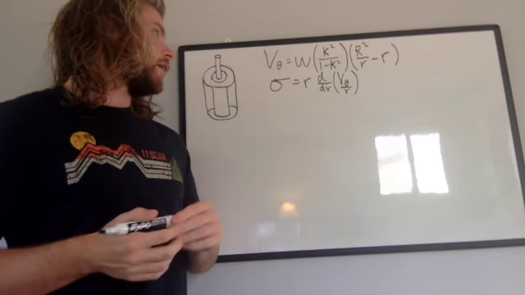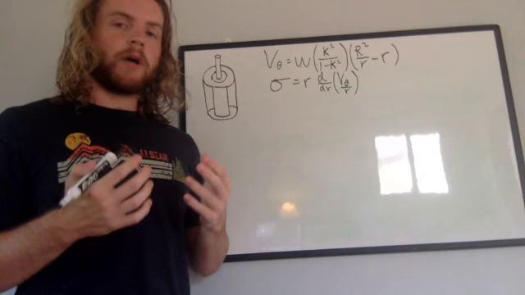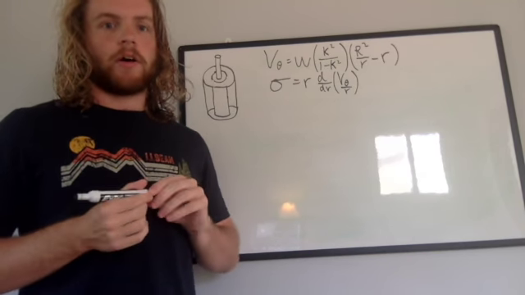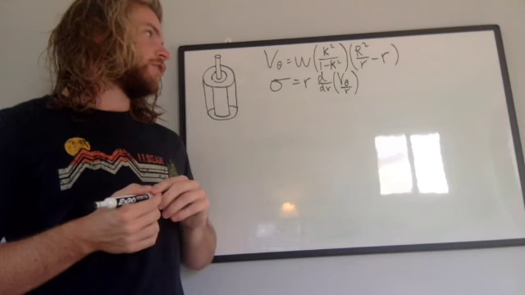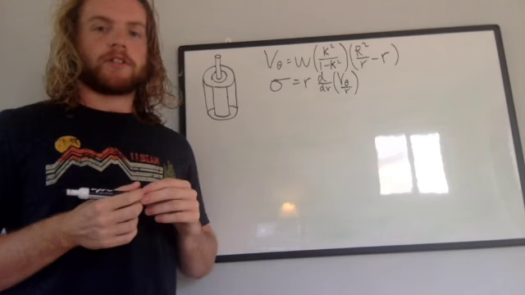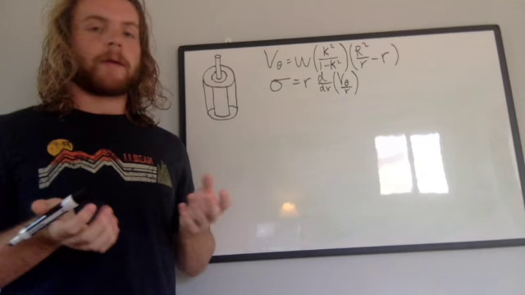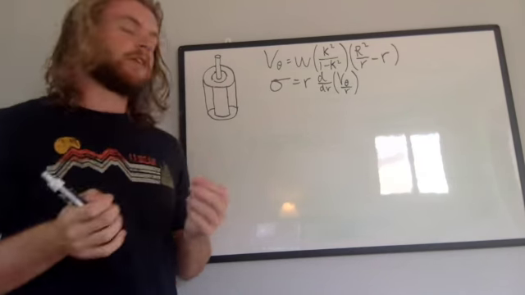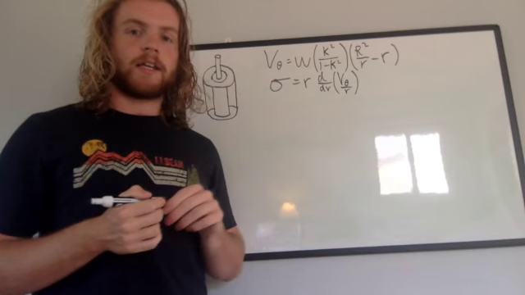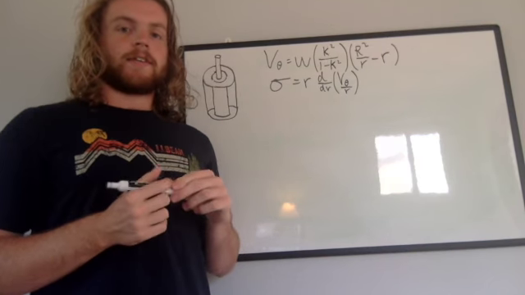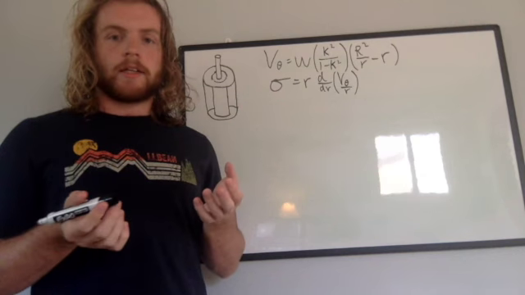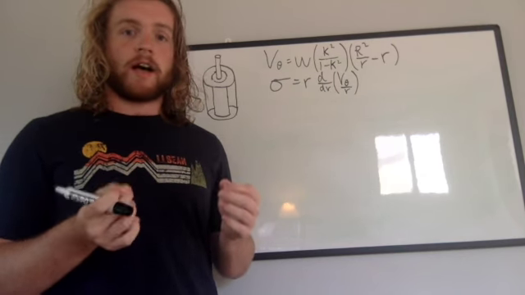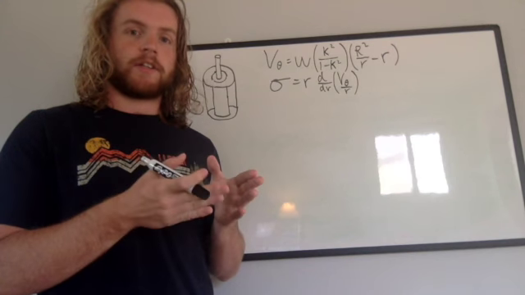Alright, and the way the fluid is going to be behaving in this is something called a no-slip boundary condition. That is what's going to be used to describe the behavior of the fluid. Basically, the no-slip boundary condition says that the velocity of the liquid is going to be the same as the velocity of the surface that it is in contact with.